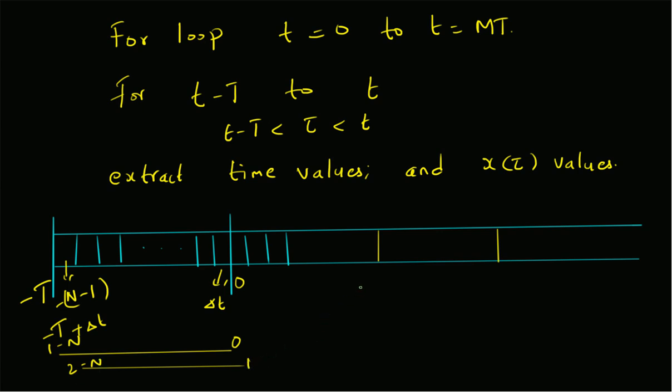In general, at any discrete location, say tx, it will be tx minus n plus 1 to tx. So that will be the general interval.